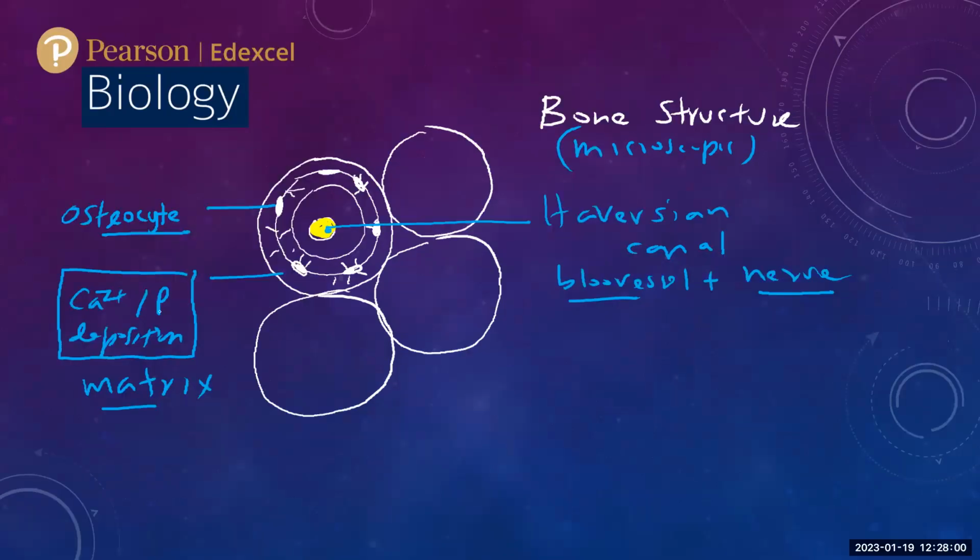Right now, if you look at the matrix made out of calcium phosphate, calcium is very important to make the bone matrix.